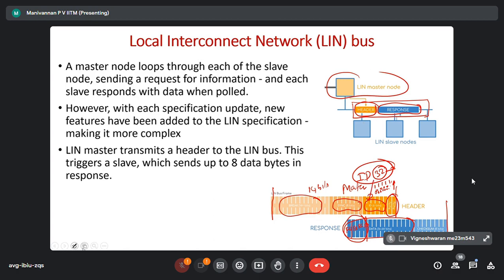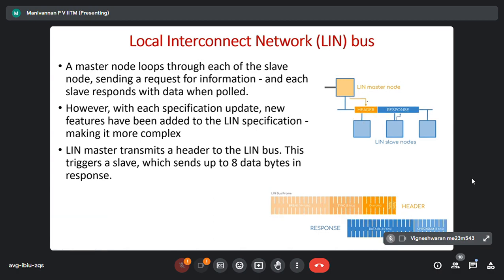So the master will put the ID number 32 here. Apart from that, your sync bits and other bits are there. Please note a lot of things are included. So the master sends this, and it comes to the slaves, this device and this device and this device. This is ID 32.